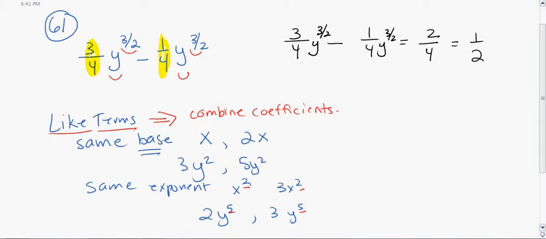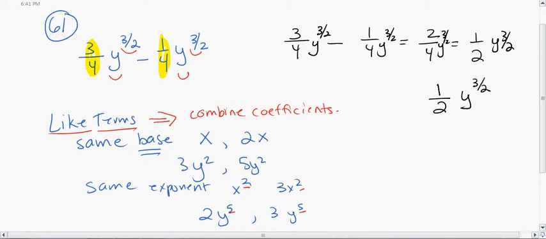So 3/4 y to the 3/2 minus 1/4 y to the 3/2 is 2/4 y to the 3/2, or 1/2 y to the 3/2. So here's my final answer, 1/2 y to the 3/2.